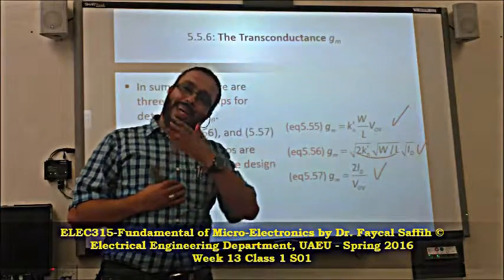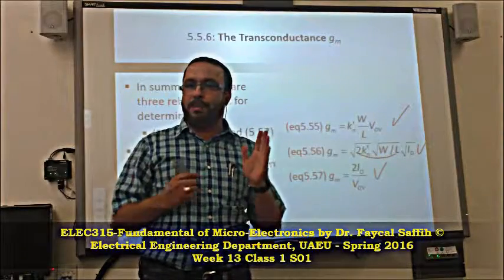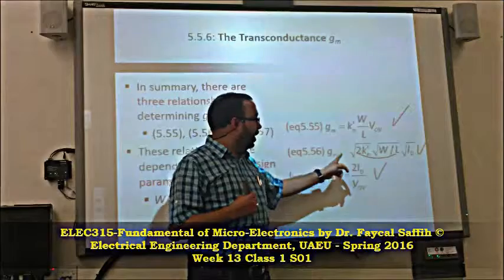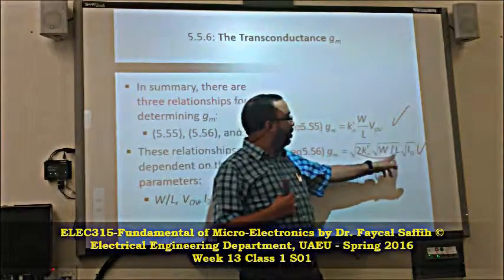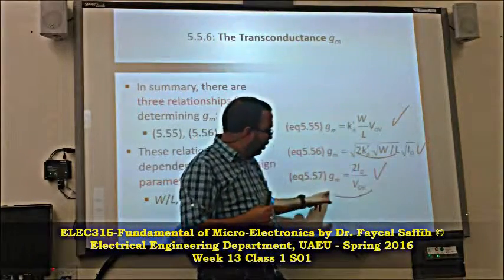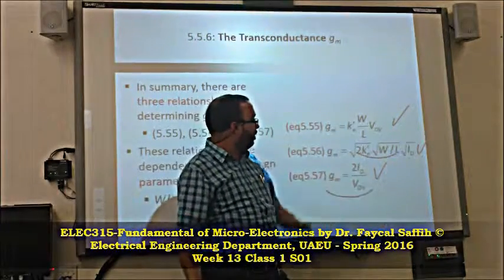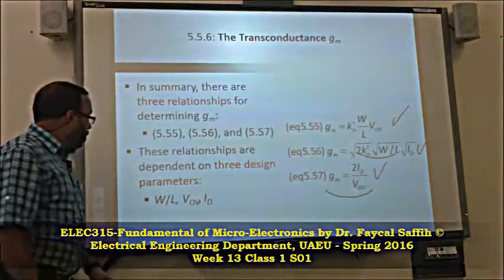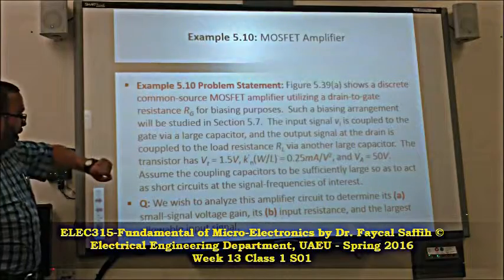We need to get it at any cost, meaning we have to find all the ways to get gm. If we know the geometry of the transistor, W over L, we can use either this or this. If we don't know the geometry, then definitely this will be used. Okay, so that's it.